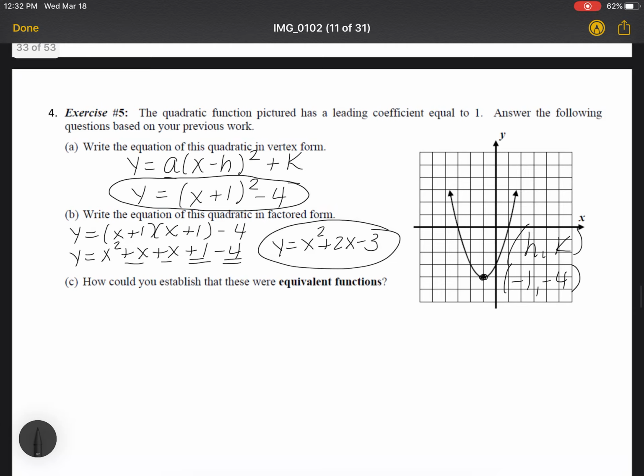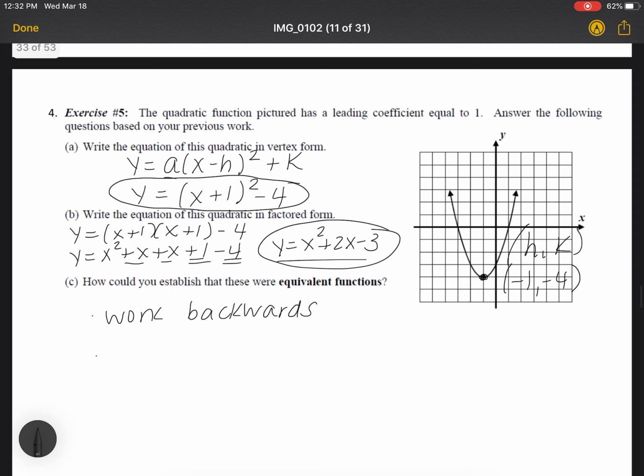How could you establish that these were equivalent functions? One way you could do it is we could kind of work backwards. We could take this quadratic form and get it into vertex form.